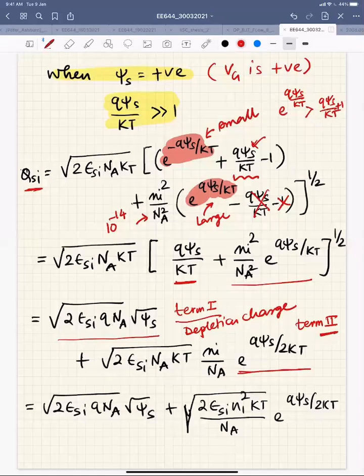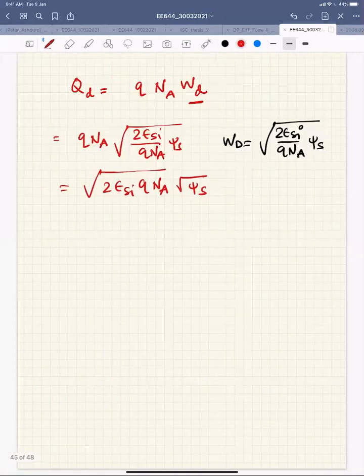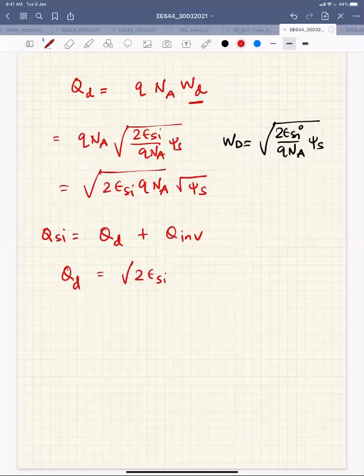So you see the depletion charge is proportional to root over psi s, but the inversion charge, the number of electrons, is proportional to the exponential of psi s. So this is my inversion charge. So your Q silicon is QD plus Q inversion, and QD is root over 2 epsilon Si q Na times root over psi s.